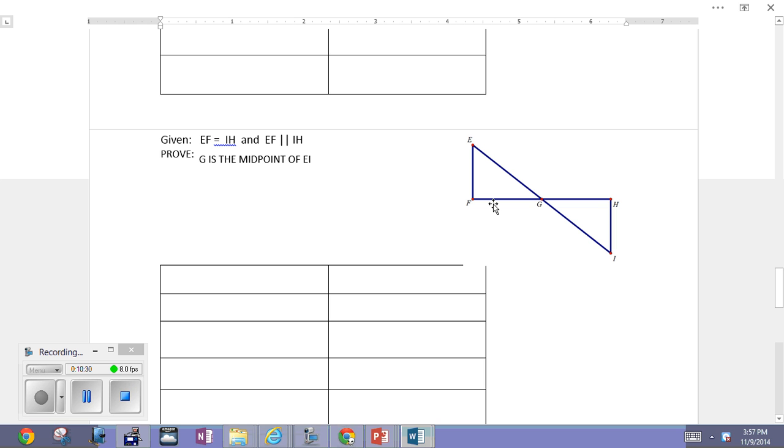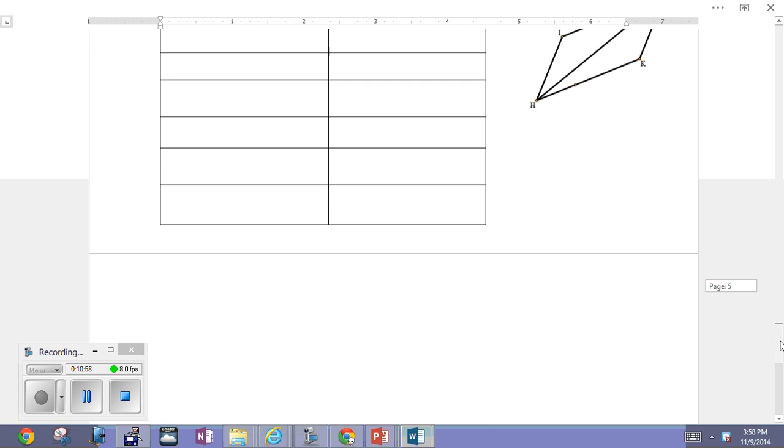So the additional statements here: since EG and GI are corresponding parts of congruent triangles are congruent, then they are equal, and therefore we can conclude that G is the midpoint of IE on the basis of the definition of midpoint.